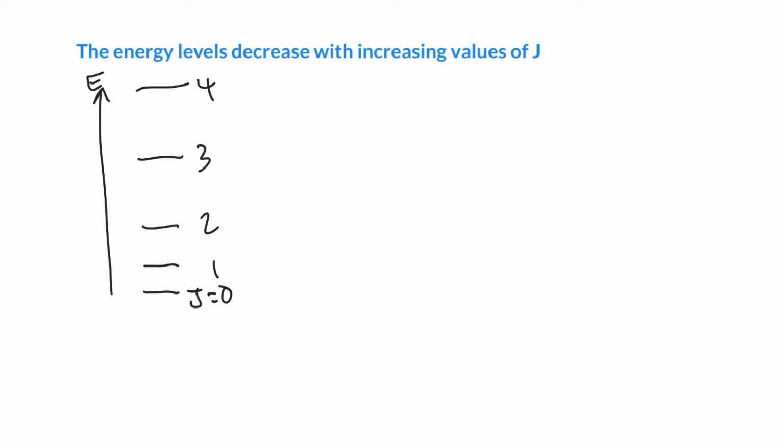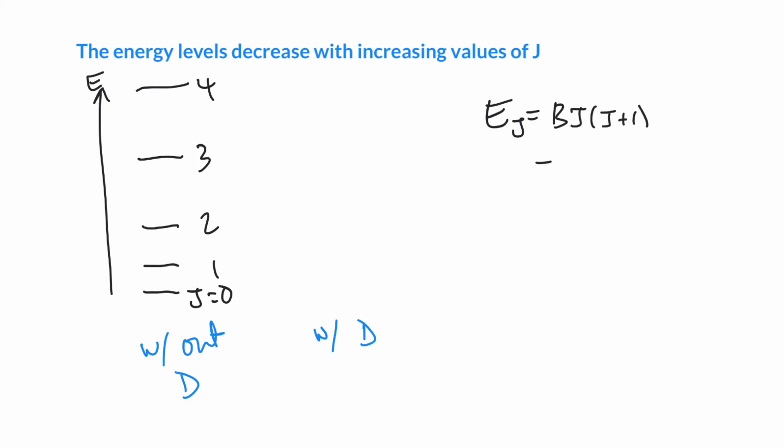And in blue, this is without the centrifugal distortion constant. And if we include the distortion constant, we'll jot that expression down on the side. So we said EJ is BJ plus 1, and then our correction terms are minus D, and then we're squaring the J's that appear.